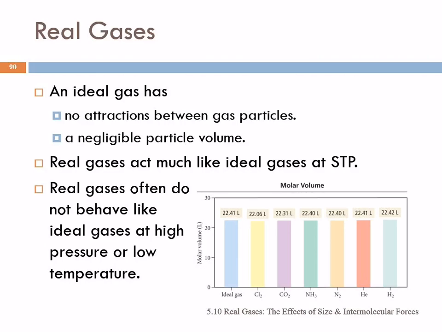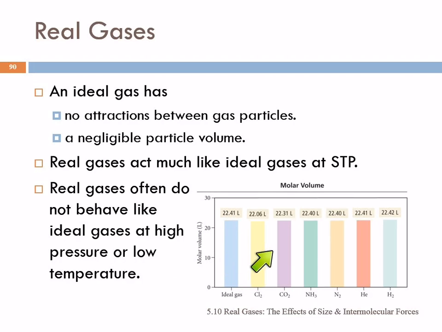Real gases act much like ideal gases at standard temperature and pressure. It's when we get to extremes of very low temperature or very high pressure where the behavior differs. So if we look at the molar volumes of an ideal gas, it's going to be 22.41.